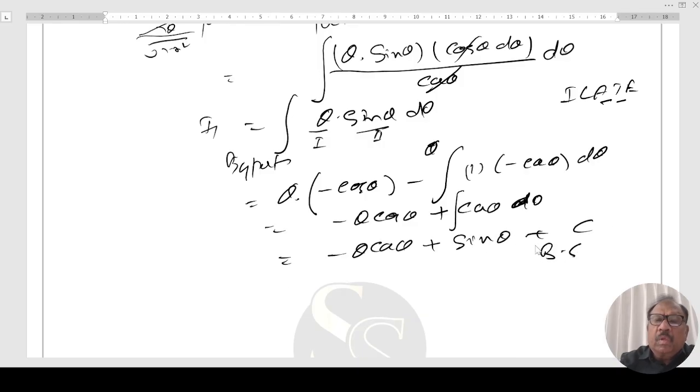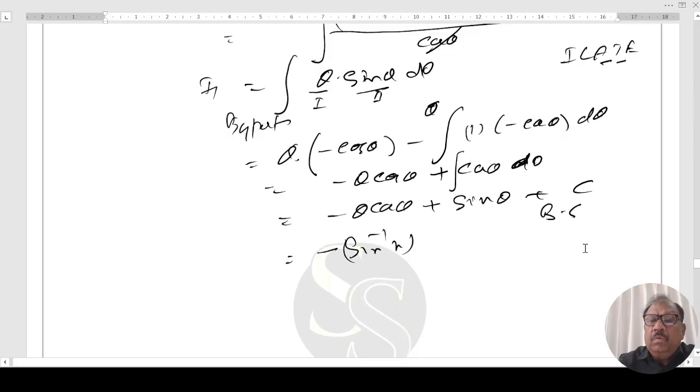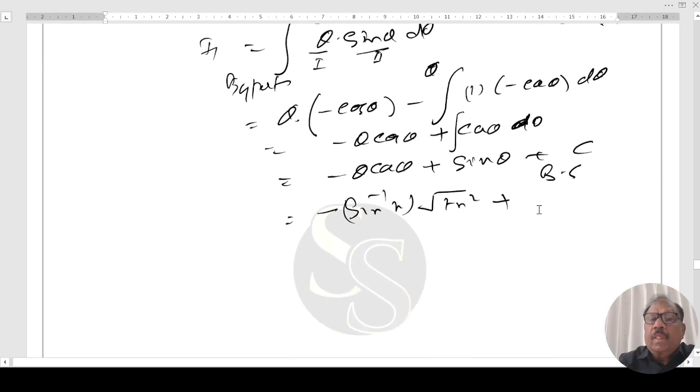Back substitution. Theta is sine of inverse x, minus sine of inverse x into cos theta. Cos theta is under root 1 minus x square, plus sin theta. Sin theta is x, that is x plus c.